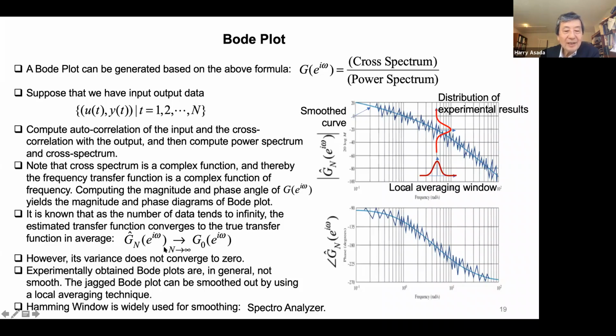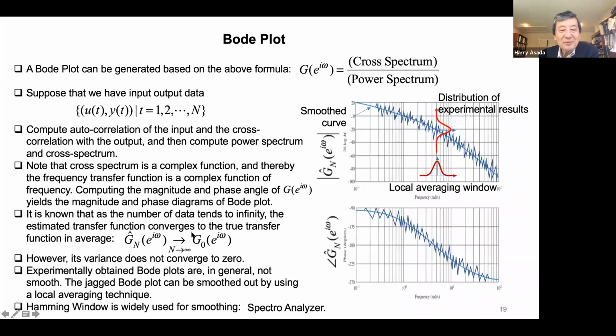As N tends to infinity, it is known that the transfer function obtained in this way converges to the true transfer function in average. It's kind of a strange word.